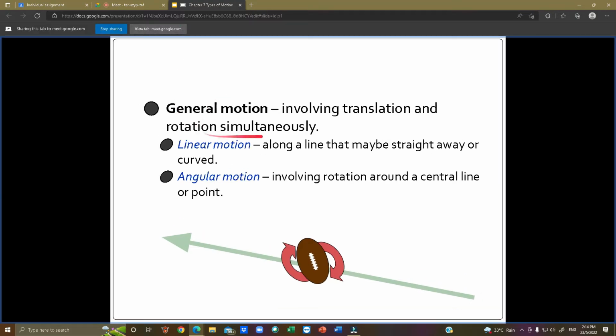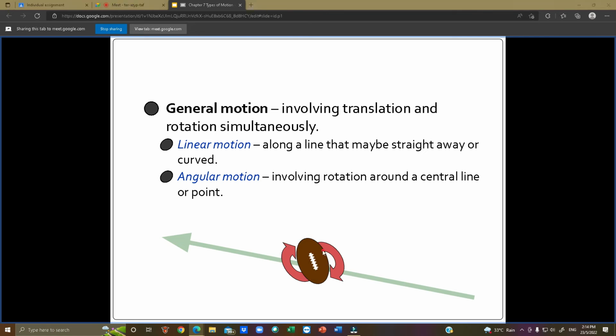So general motion is a type of motion involving both translation and rotation. Translation linear, rotation angular. Macam example yang ni, bola rugby yang kita throw dia forward, or we kick a rugby ball forward, which we can see the rugby ball travel forward at the same time the rugby ball rotate. Macam bola sepak kan, bila kita nak buat curve ball.